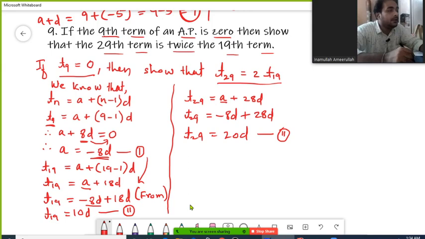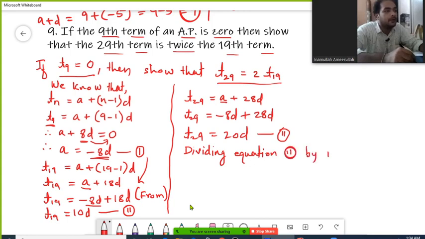Now I can divide equation 3 by equation 2.